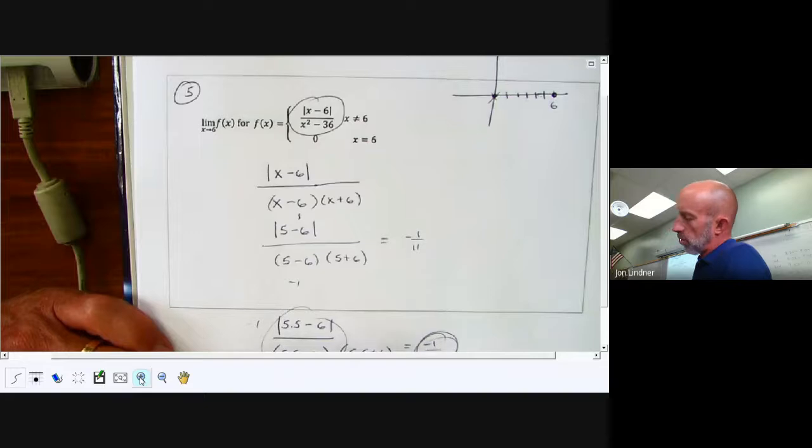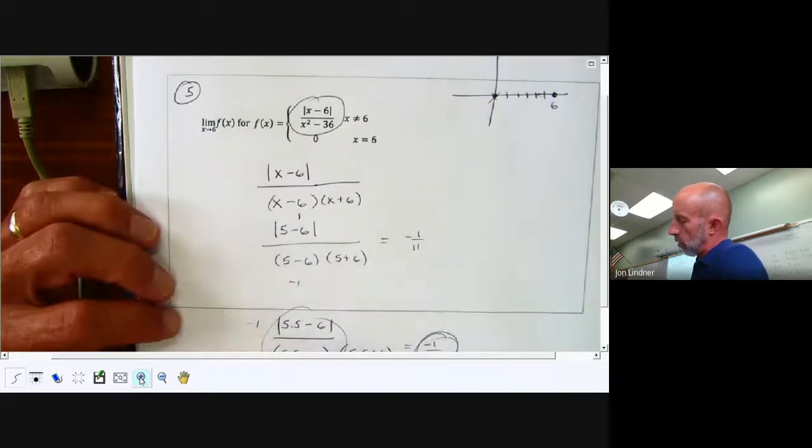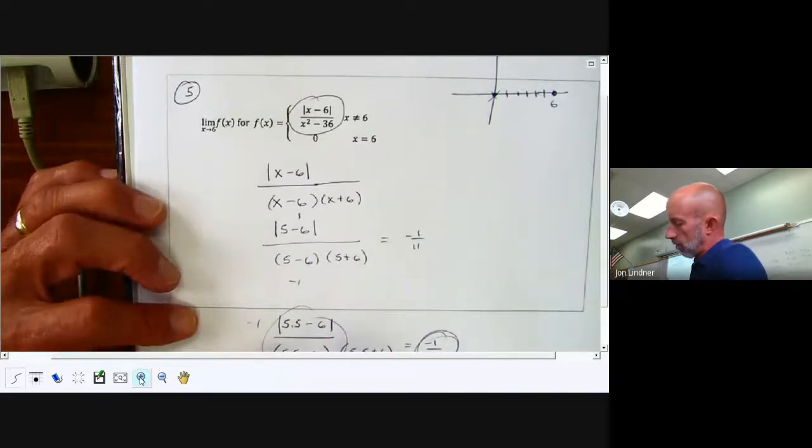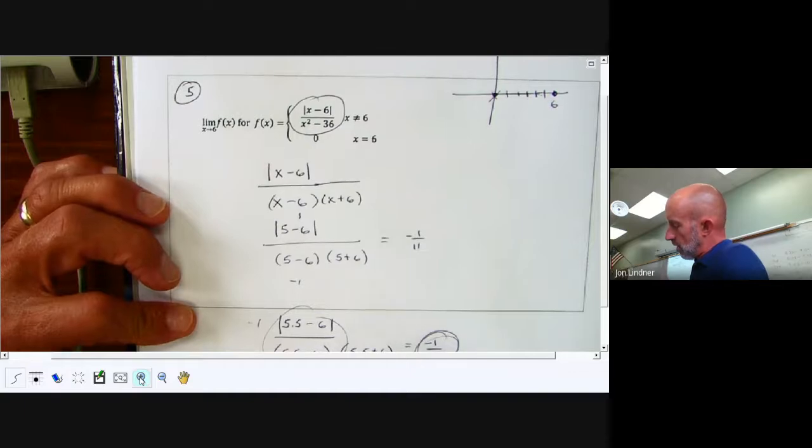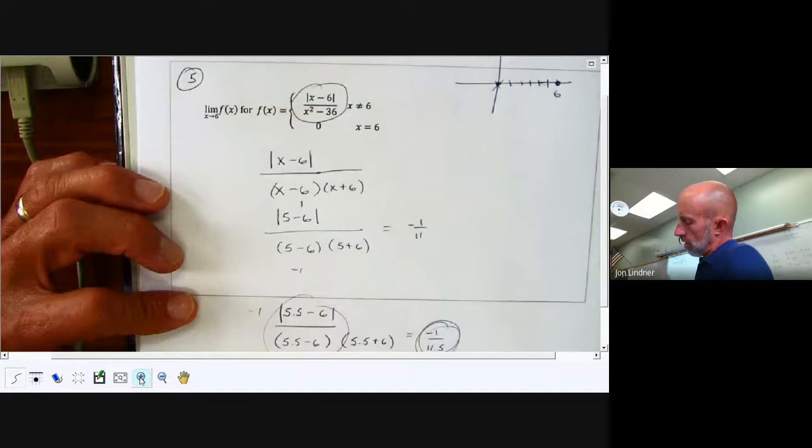Now, what's happening as we go way to the left? Like if I were to look over at like negative 30 or something. At negative 30, I would have the absolute value of negative 30 minus 6, and here I've got negative 30 plus 6. All right.